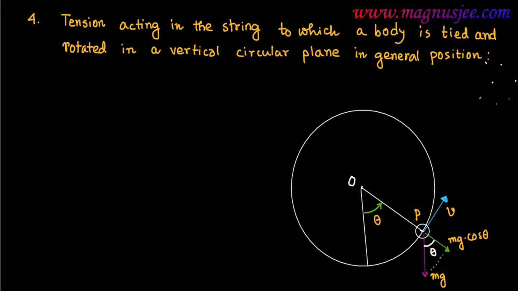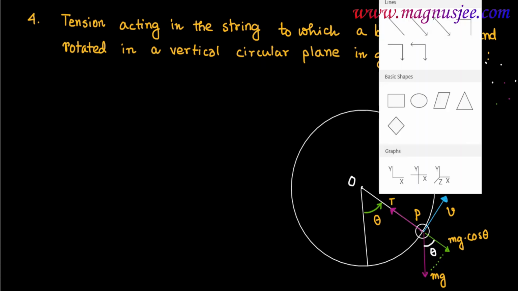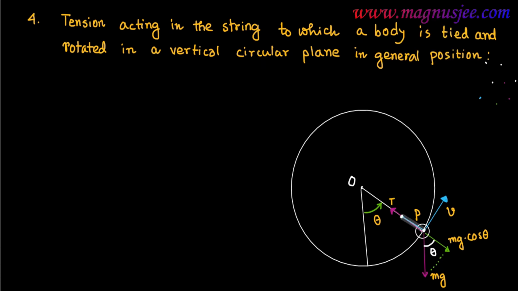And tension T acts towards the center O. T is the tension which acts along the string radially inwards, and the centripetal force acting on the body at the point P is Fc. Fc is the centripetal force, and m is the mass of the body.